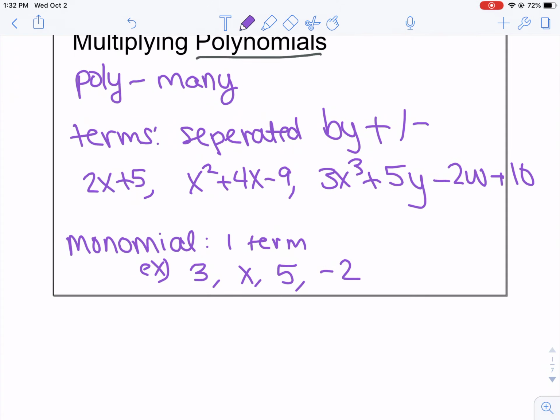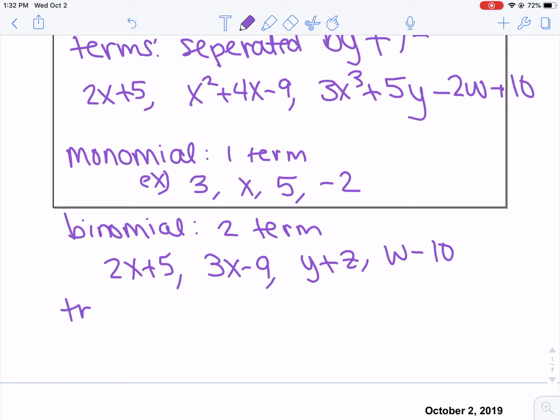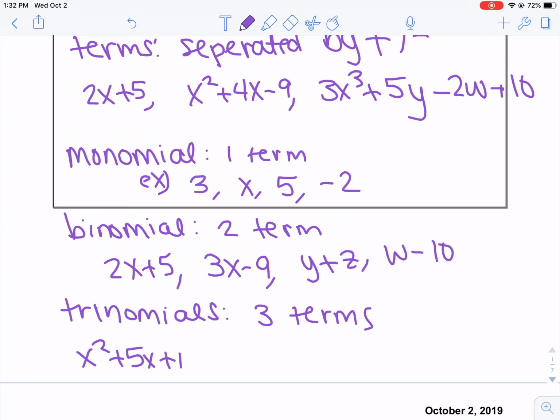A binomial means 2 terms, so 2x plus 5, 3x minus 9, y plus z, w minus 10. 3 terms are called trinomials, so x squared plus 5x plus 10, x squared plus 4x minus 9, those kinds of things.